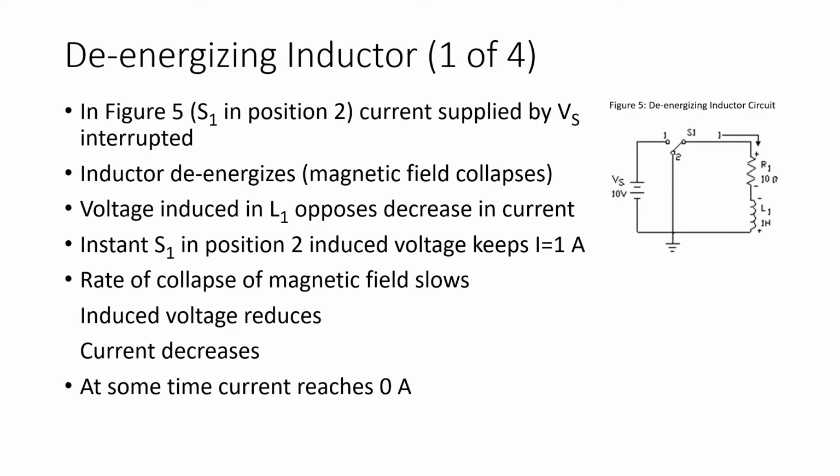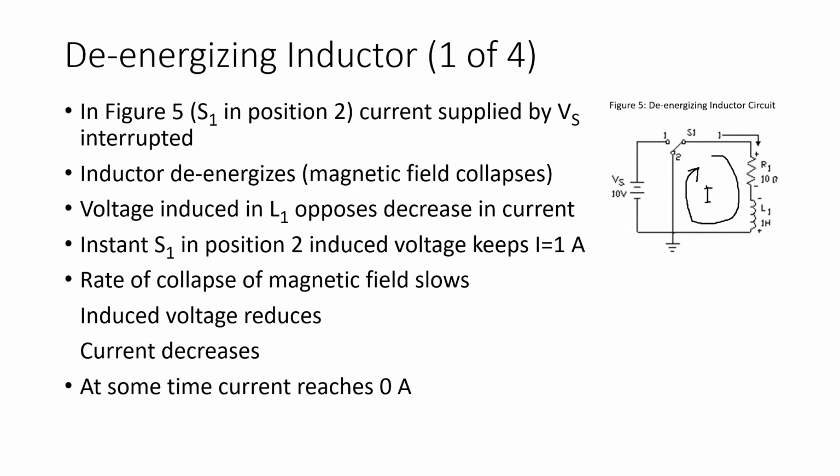So the rapidly collapsing magnetic field will induce a voltage that attempts to keep 1 amp of current flowing through the inductor. And now with the switch in position 2, this is our path for current.